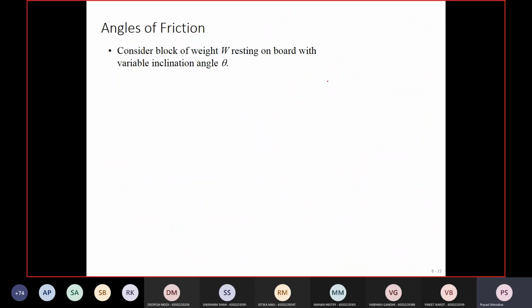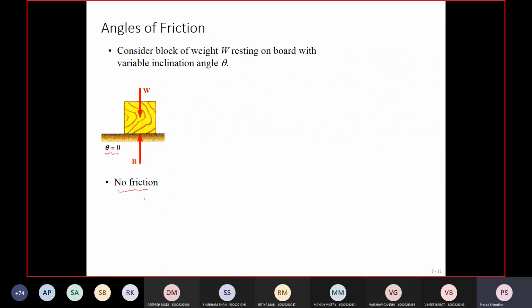So what happens if this block is inclined? In this case, theta is 0. So this is just the self weight, and there is no external force applied. In this case again there will be no friction.